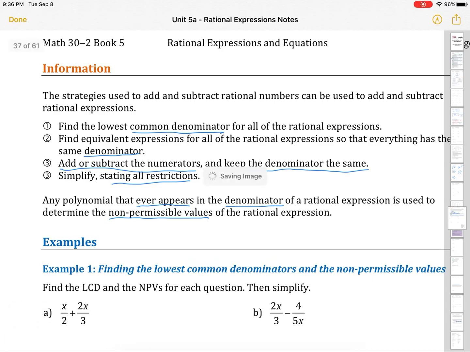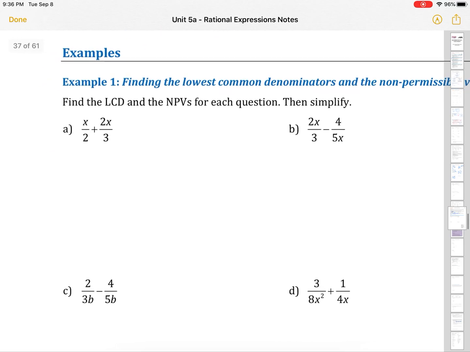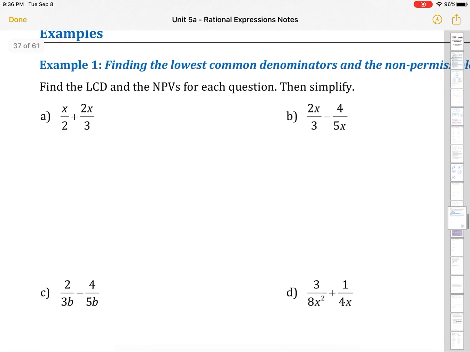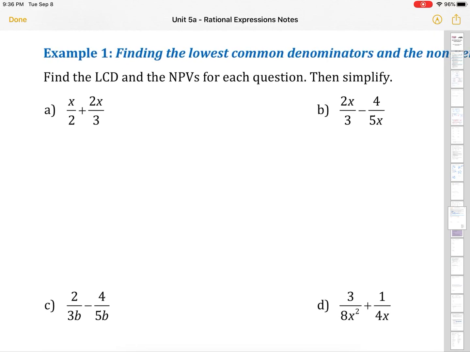So let's do a bunch of examples, because the best way to learn is by practice. And we're going to find the lowest common denominator and the NPVs for each question, and then simplify. Now here, x over 2 plus 2x over 3, the lowest common denominator is 6, and the NPV is none, because there's no variable in the denominator.